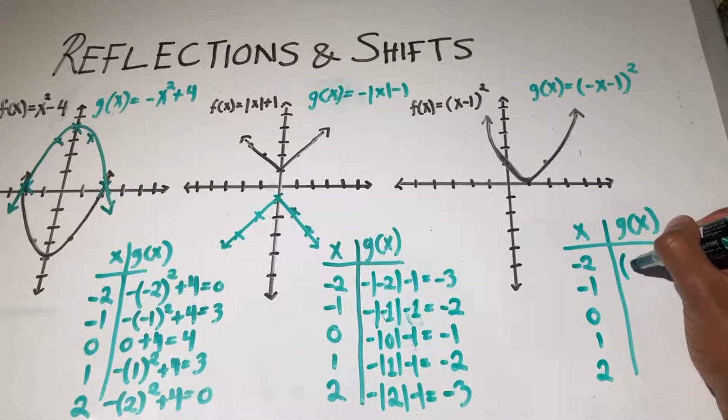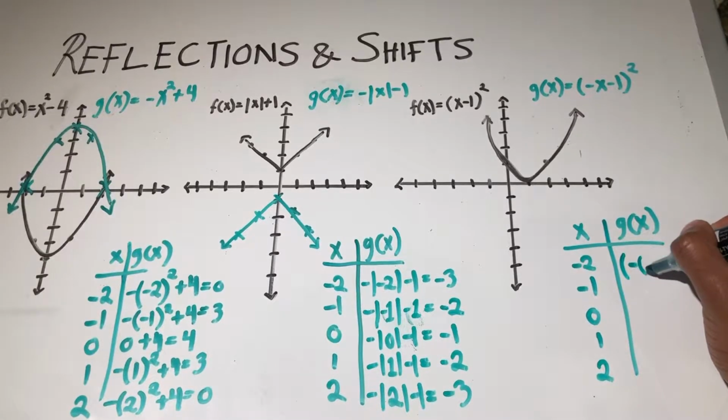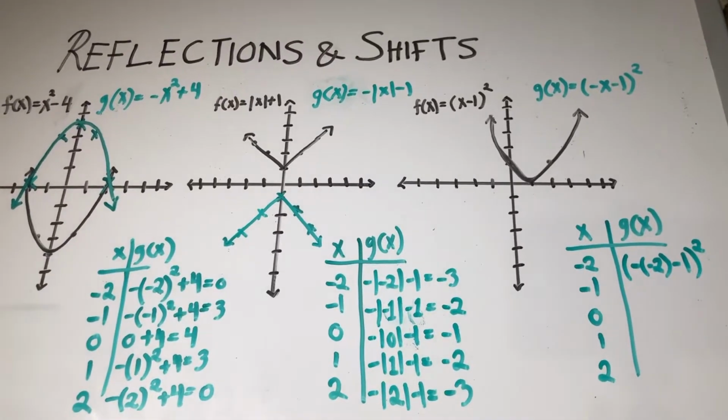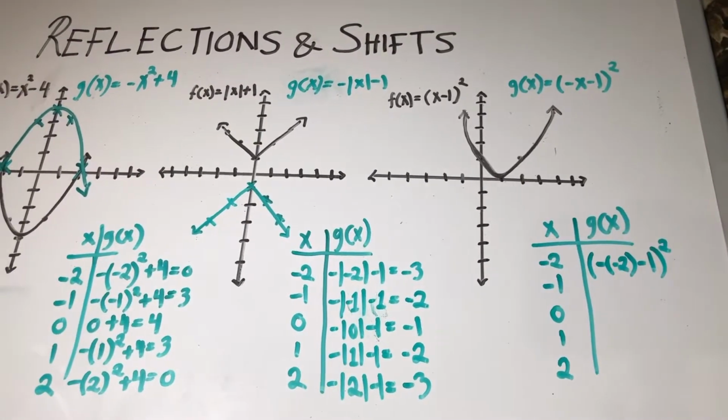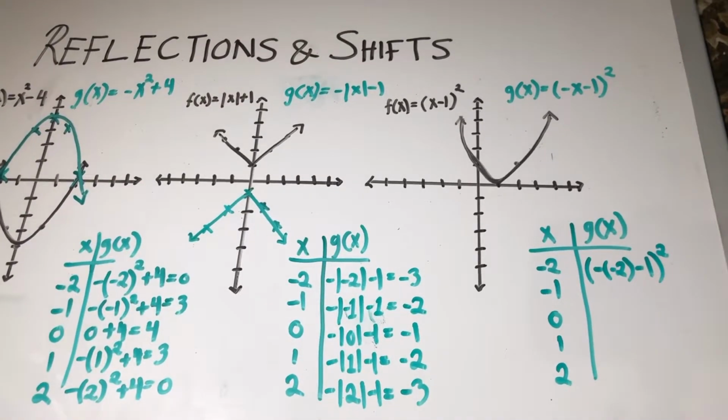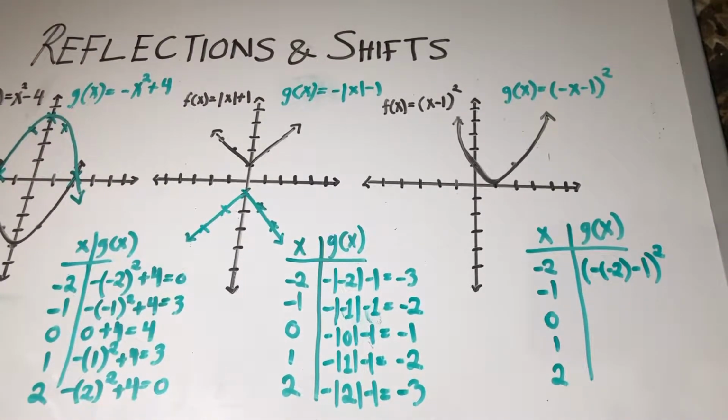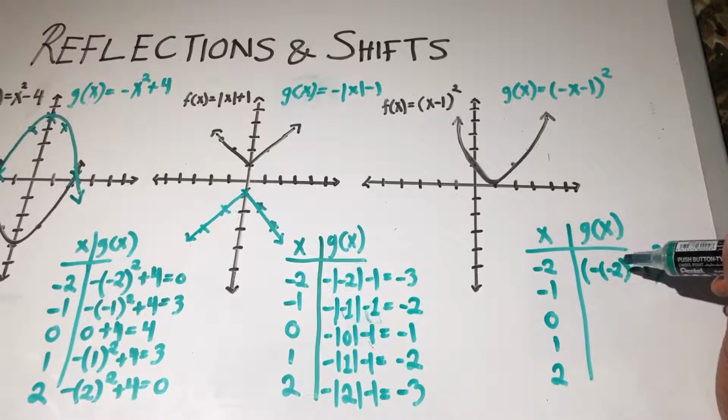So -2, and for x, we're going to get -(-2 - 1) all squared. If we go ahead and simplify, well, we have negative times -2, which is just +2.